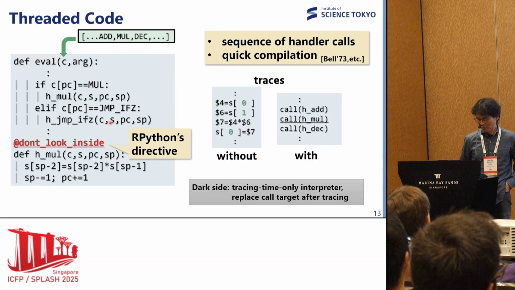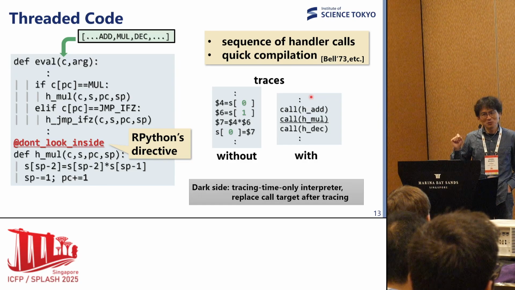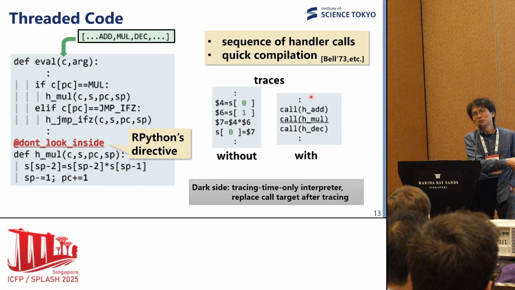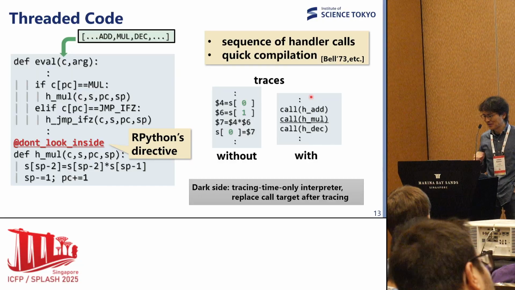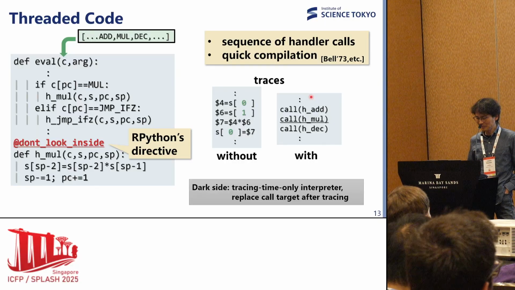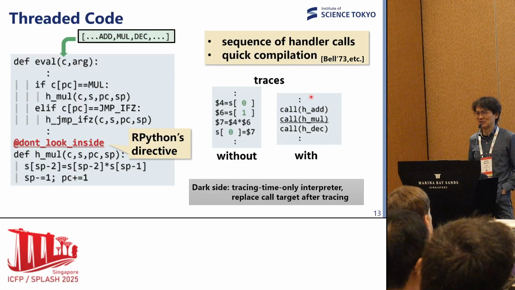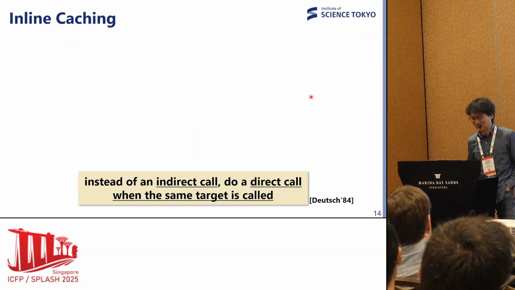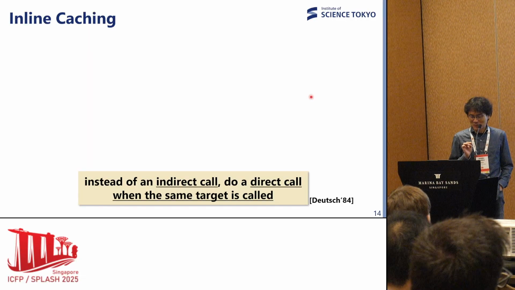And then we will get this trace, which actually looks like threaded code. So this is also very interesting. With just one interpreter definition, we can do a full compilation or threaded code generation. And there is also some dark side to realize this, but let's move on.